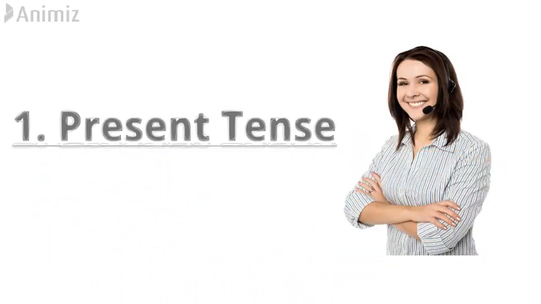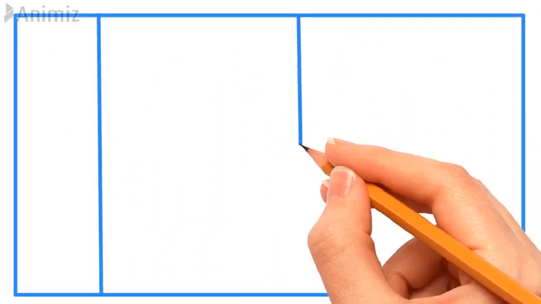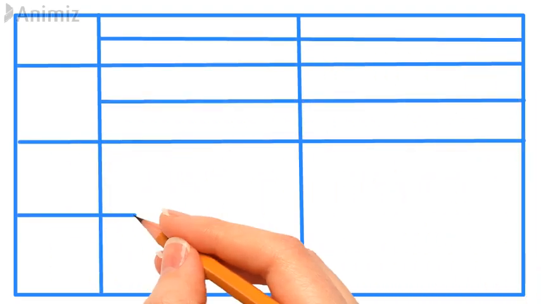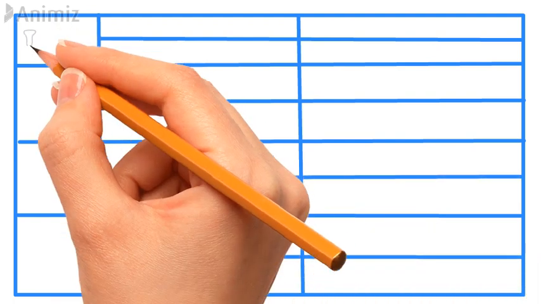First we will learn present tense. Here a table is presented before you. In this table we get the tense, the structure of active and passive voice, and the example of active and passive voice.